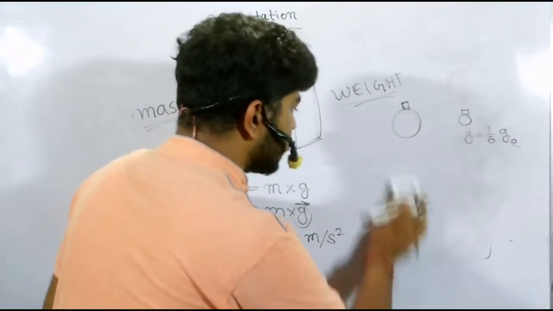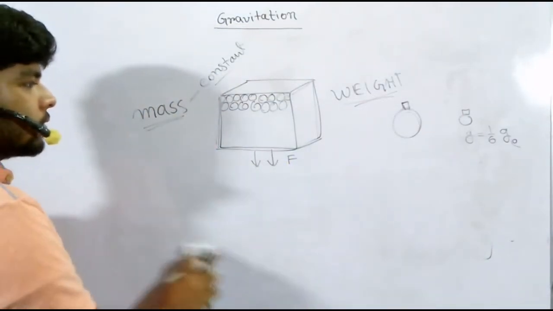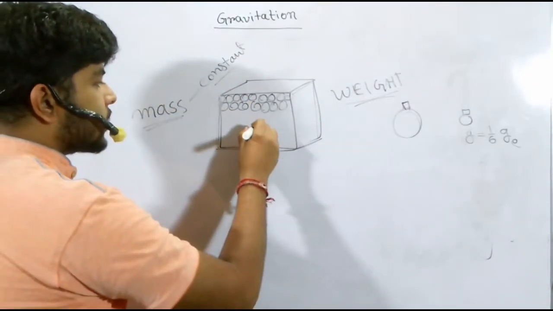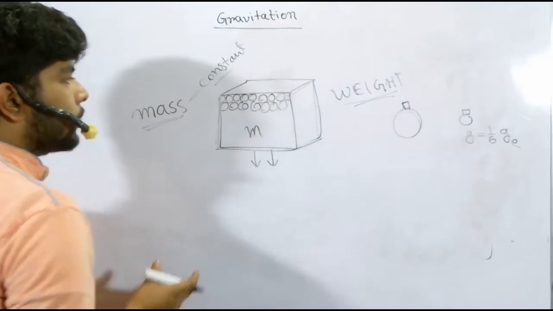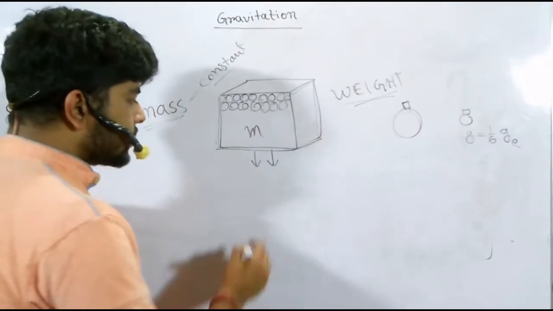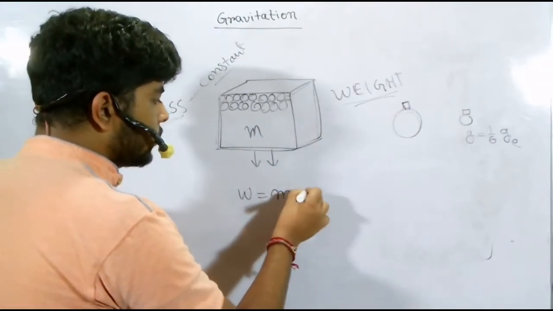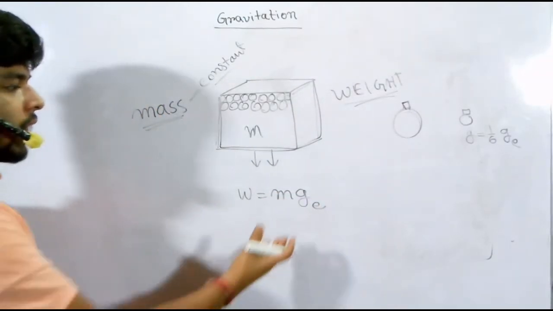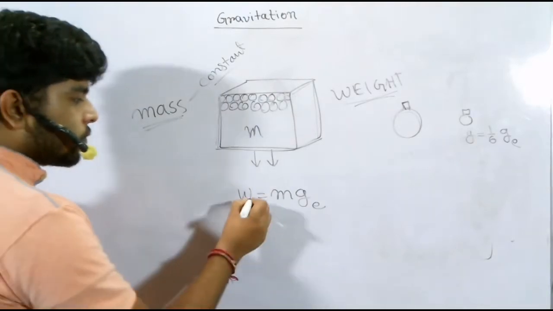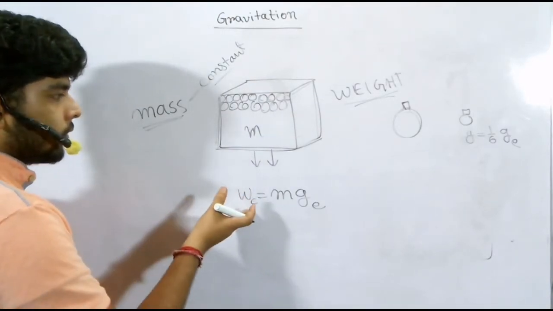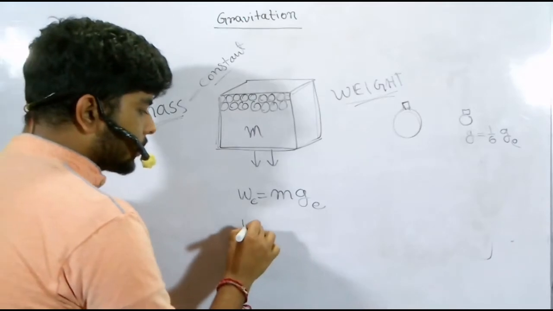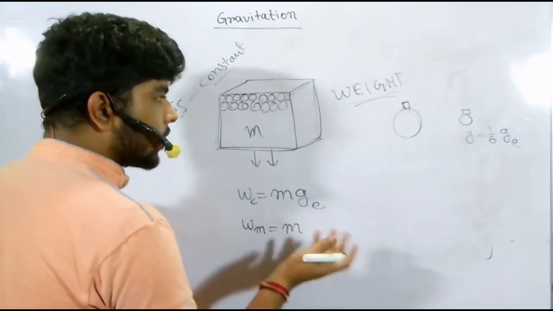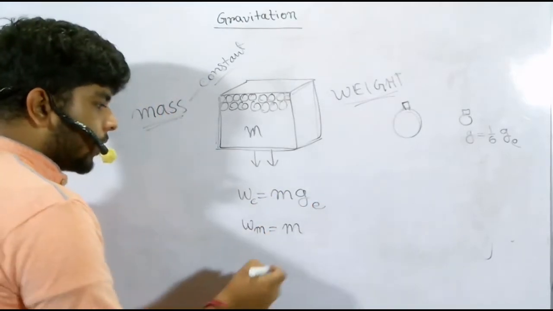Let's see what the weight of an object will be on the surface of the moon. Suppose the mass of the object is m. On the earth's surface, the weight is m into g, where g is the acceleration due to gravity of the earth. Now if we measure the weight on the moon, the mass will be the same, because mass is a constant quantity.